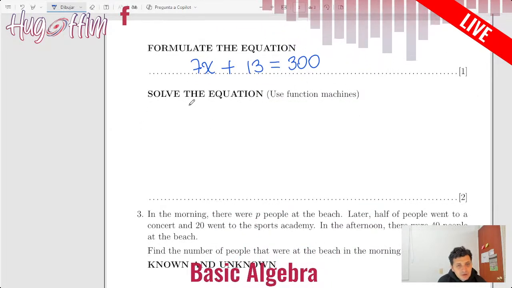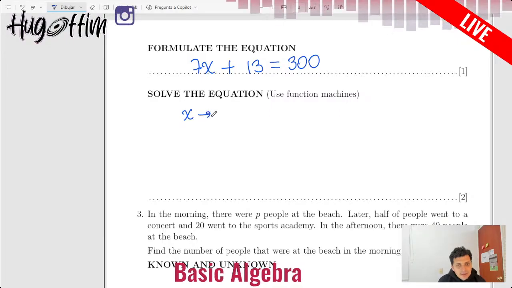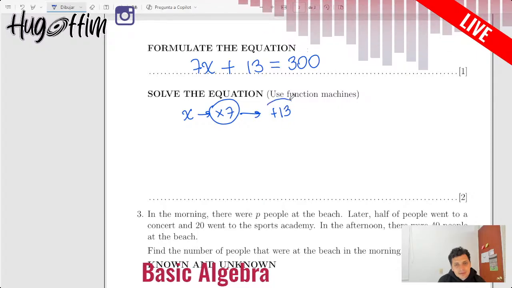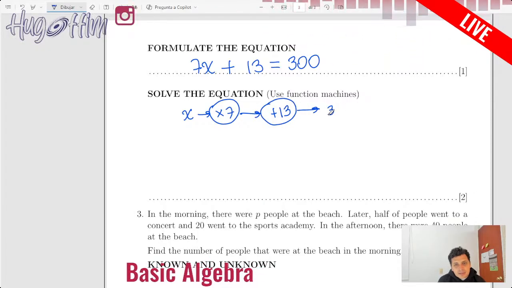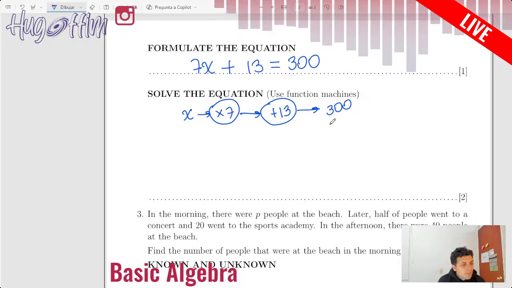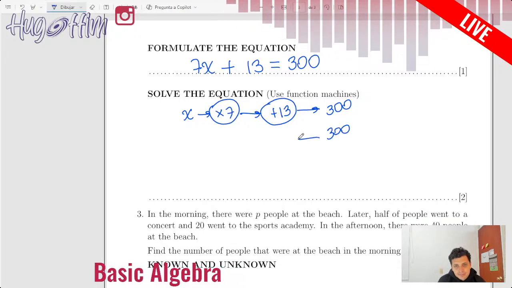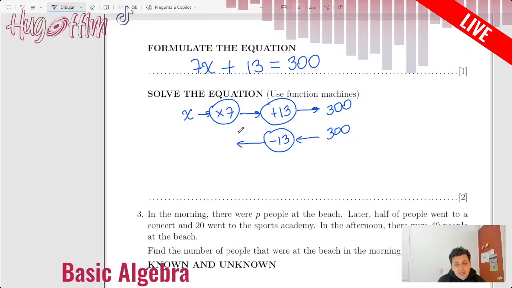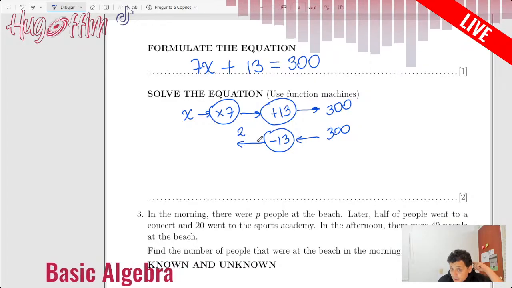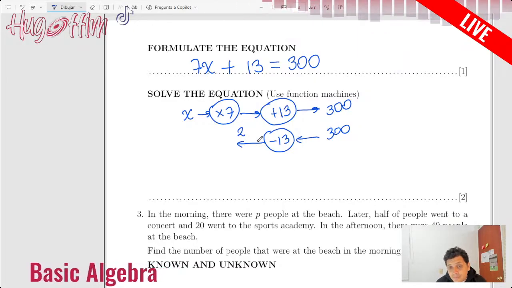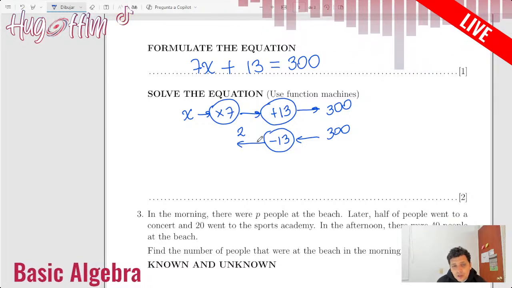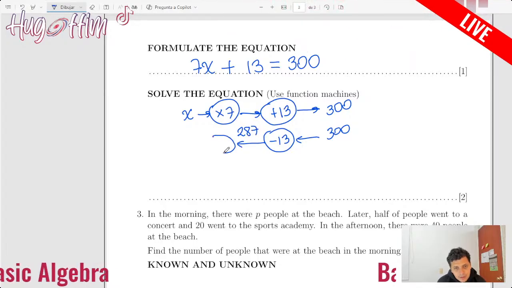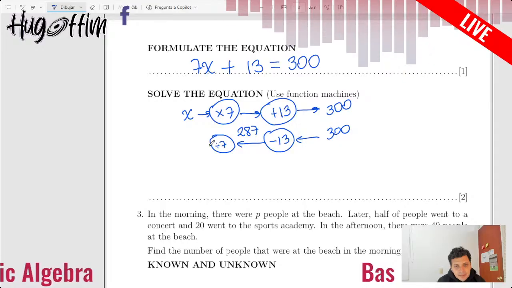Now I'm going to put my function machine. X times 7. Then I add 13. And this is going to give me 300. So now I'm going to go backwards. So 300 minus 13. 300 minus 13 is 287. 287 divided by 7, I'm just going to divide it.